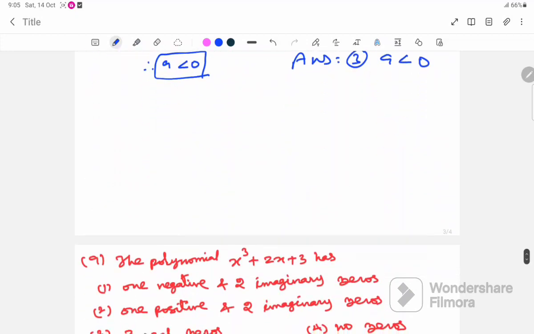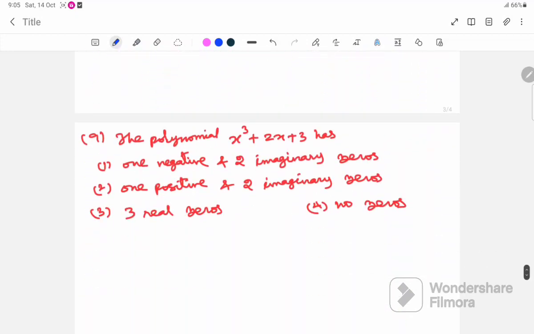Okay. Now going for question number 9. The polynomial x cube plus 2x plus 3 has 1 negative and 2 imaginary zeros, 1 positive and 2 imaginary zeros, 3 real zeros, and no zeros. First, it can be taken as p of x.